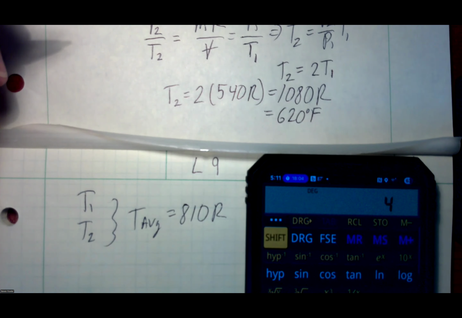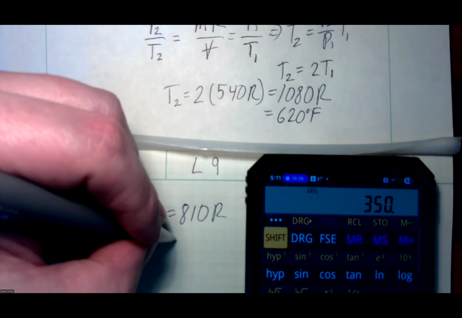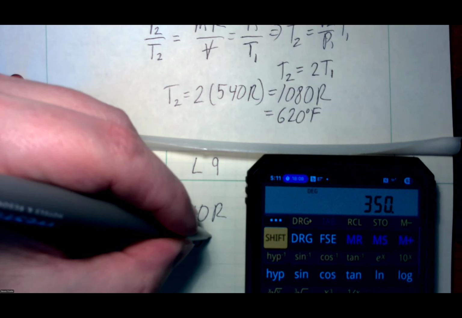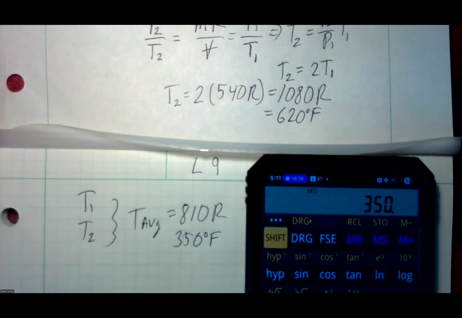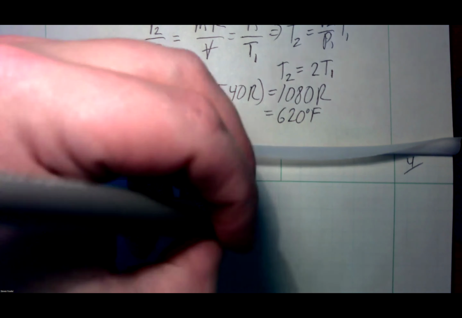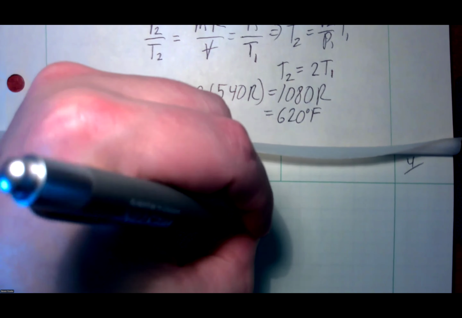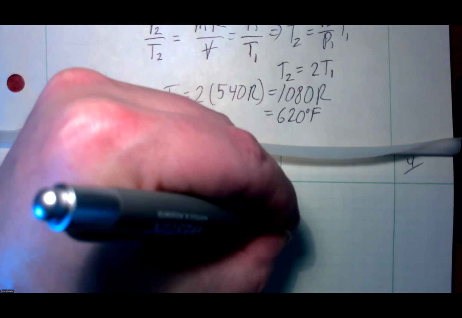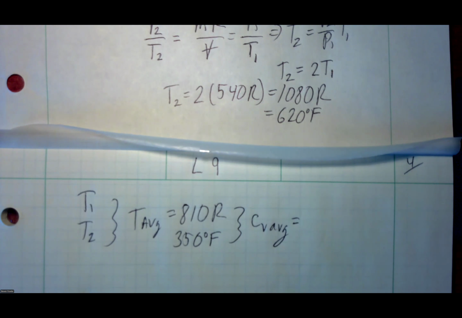If I remove 460 from that, that gives me Fahrenheit, 350 degrees Fahrenheit. That's my average temperature. Why do I need that? The average temperature gives me C sub V average.